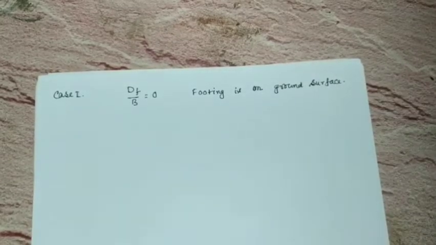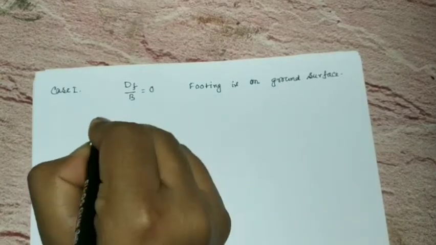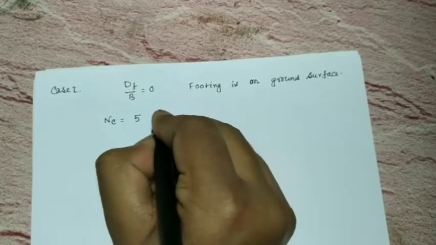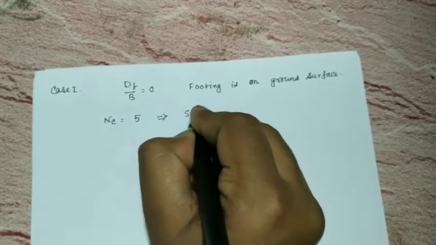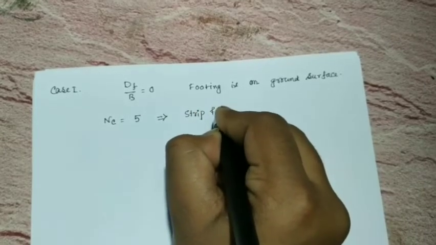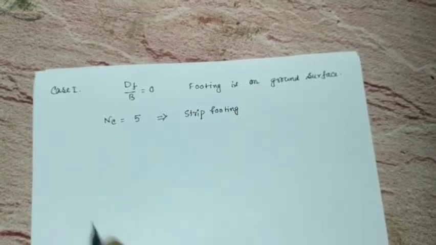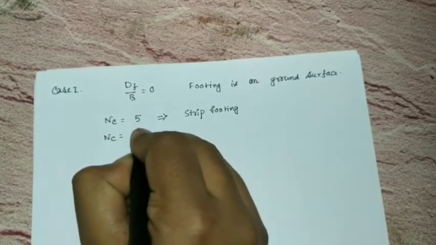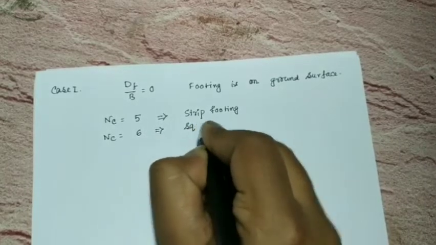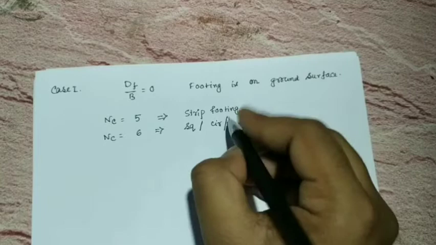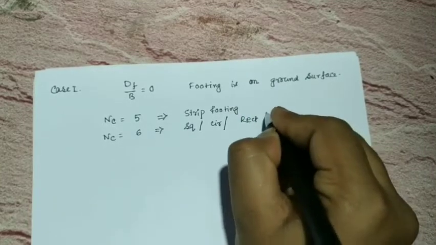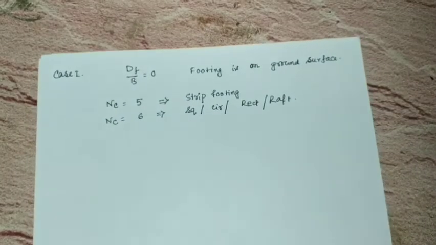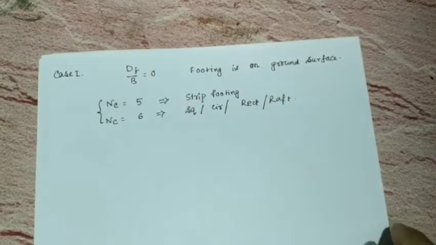In that case, the value of Nc given by Skempton is equal to 5 in case of strip footing, and the value of Nc is equal to 6 in case of square, circular, rectangular or raft footing. This value is very important, you have to remember these values.